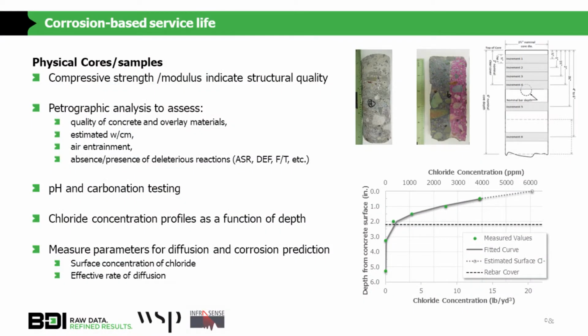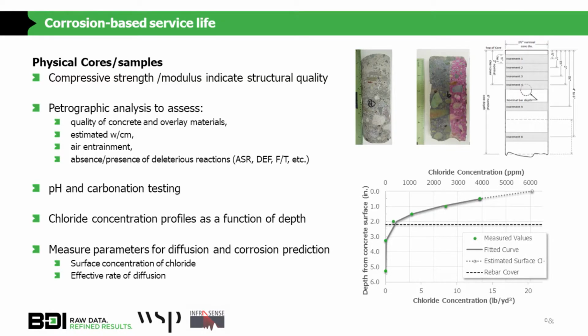In addition, we measure the pH and the carbonation. So for example, here on the right, you can see where we've done the phenolphthalein test on an exposed section of the core as part of the petrographic analysis, so we can understand depth of carbonation. Then we do the profile sampling. So we take and subdivide our core into increments.